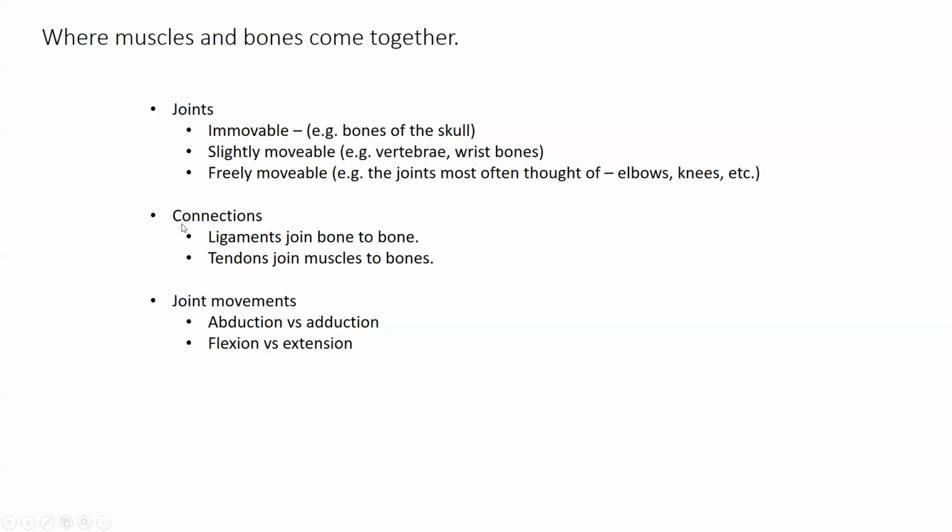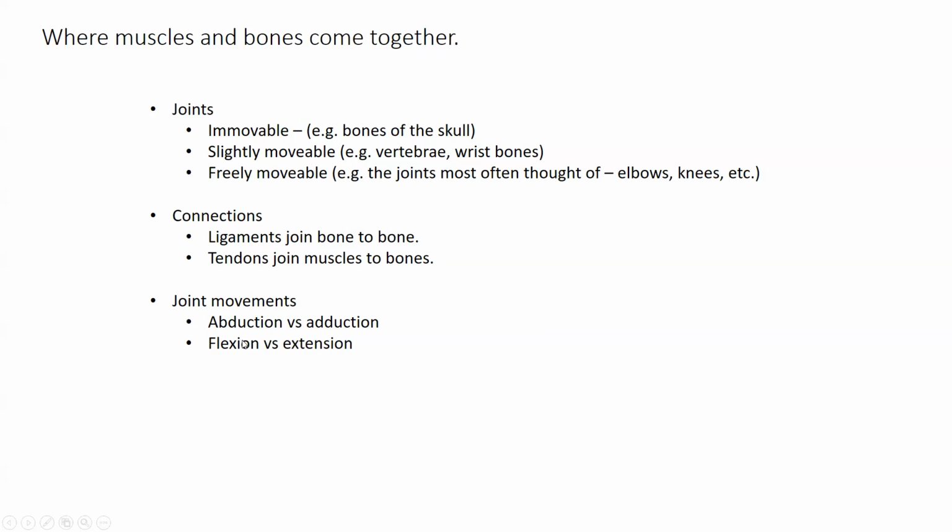Connections between bones: ligaments join bone to bone. They're tough, fibrous connective tissue that joins bone to bone. As I mentioned before, tendons join muscles to bone. They both cross joints. They're both involved in joints. As far as words relating to joint movements, as we mentioned before, abduction is moving away from the center line. Adduction means moving towards the center line. Flexion means decreasing the angle between bones.